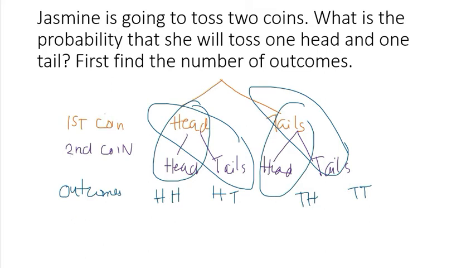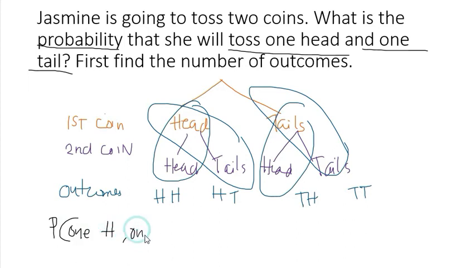Now there are 4 possible outcomes. So for us to find the probability, let's now solve the question here. What is the probability that she will toss 1 head and 1 tail? For the probability of the event of 1 head and 1 tail, check your outcomes, which ones have 1 H and 1 T. We have 1 and 2, so we have 2 possible outcomes over the total number of outcomes, which is 4.